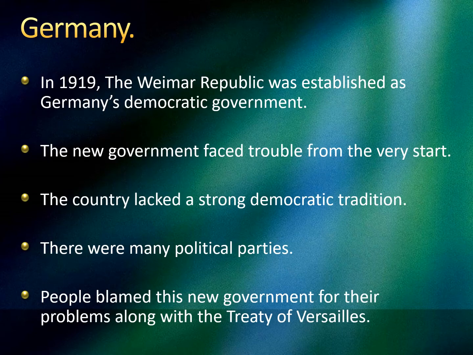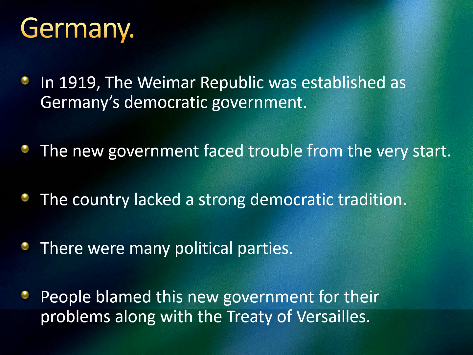So in 1919, the Weimar Republic was established as Germany's democratic government. This new government faced trouble from the very start. The country lacked a strong democratic tradition. Remember that we just said a lot of European countries were used to having a king or a queen or some other type of government, and Germany was one of these. So when Germany is going to have a democratic type of government now, it creates problems.